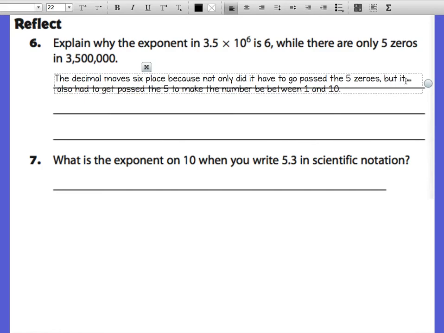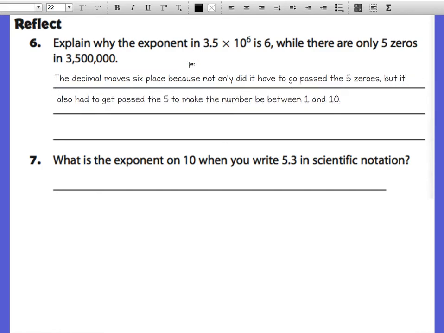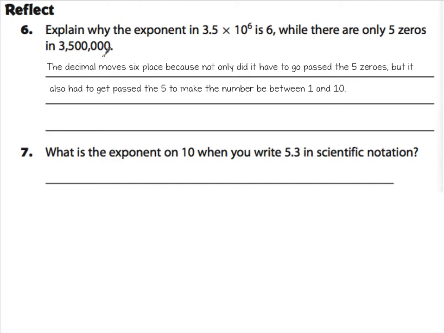Add a little space here so you can see both of those. So again, we had to go around these zeros here. So we went around these 5 zeros. Then we also had to go one more time around that 5, and that's why it was 6.